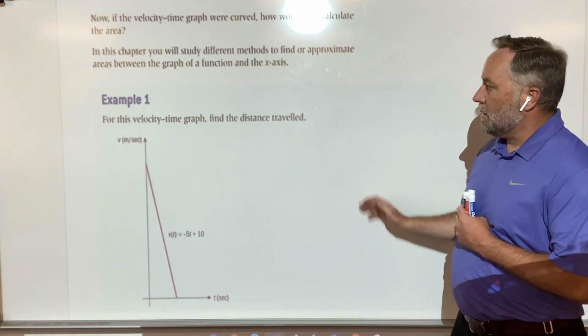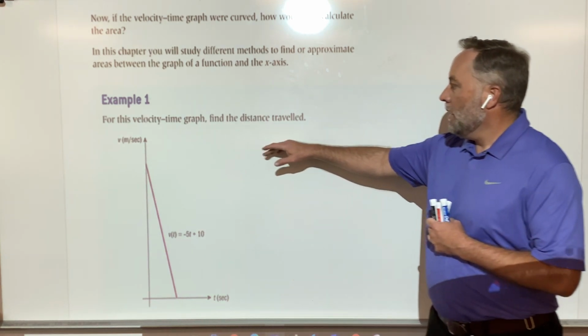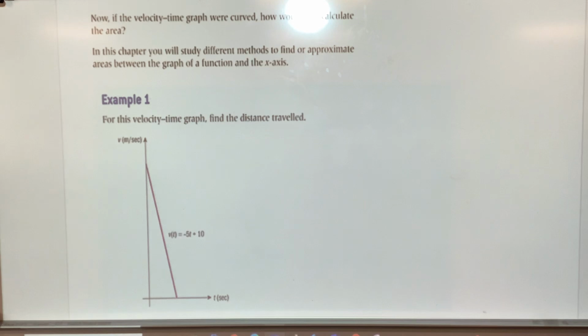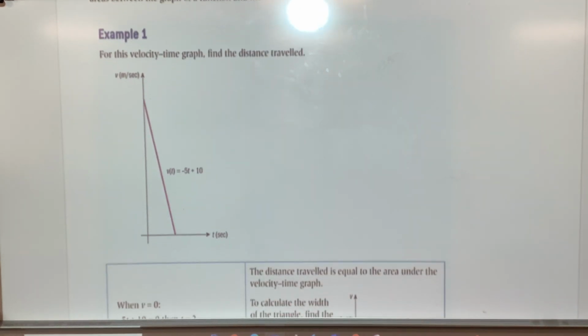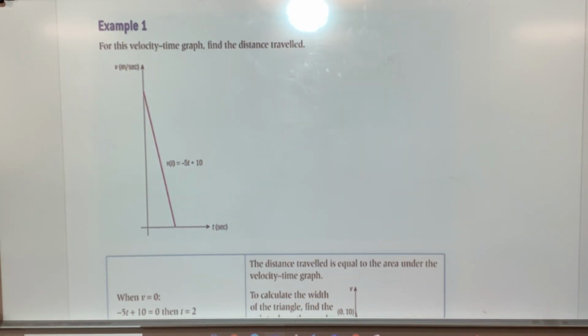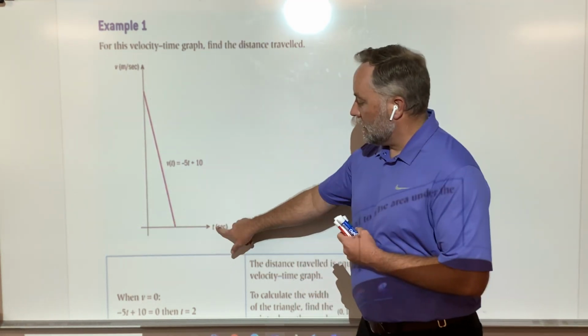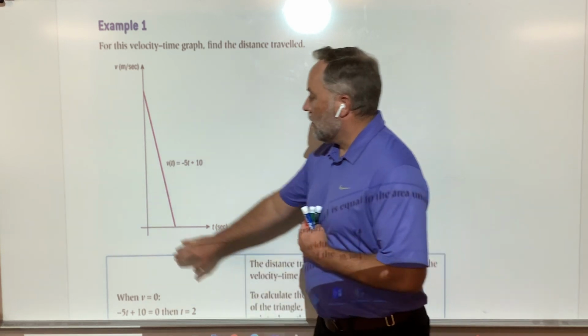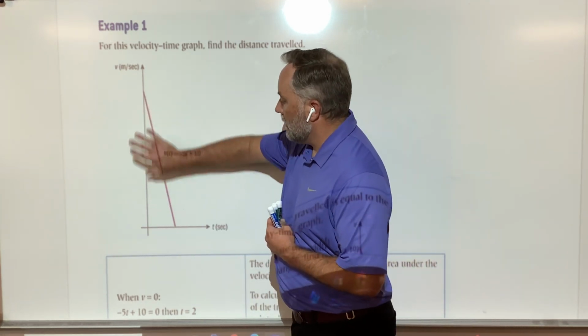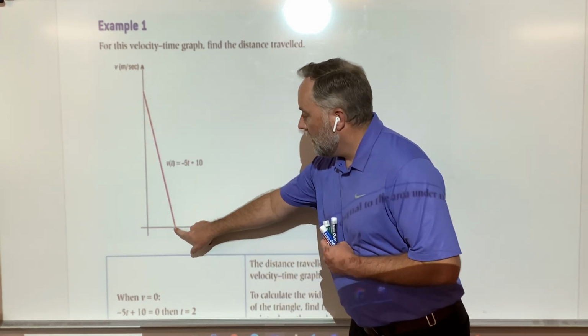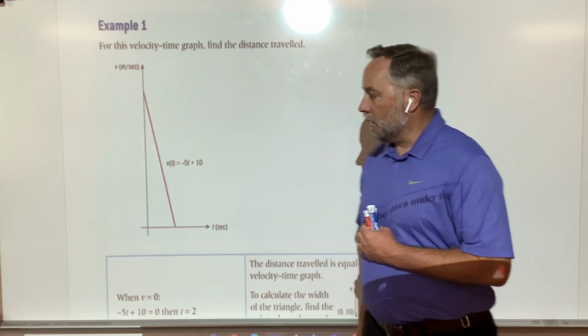this question here says, for this velocity time graph, find the distance traveled. So it's a similar question, but you have no axes labeled. So there's nothing on the x, which in this case it's time, t, or the y, which is the velocity here. There's nothing labeled. We don't know that point of intersection or that point of intersection.